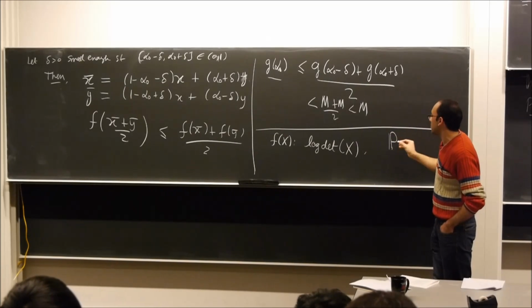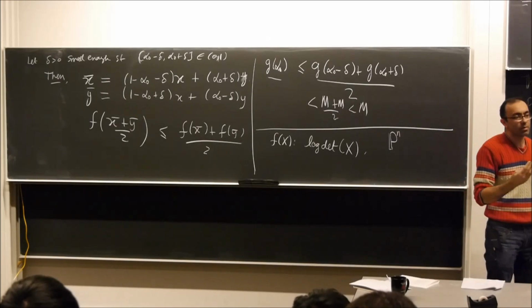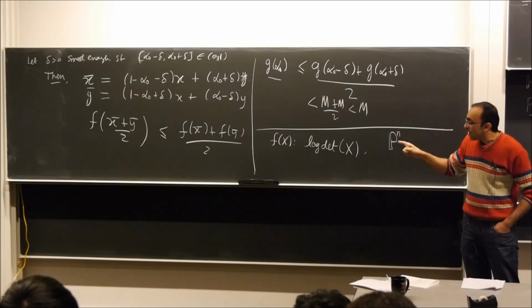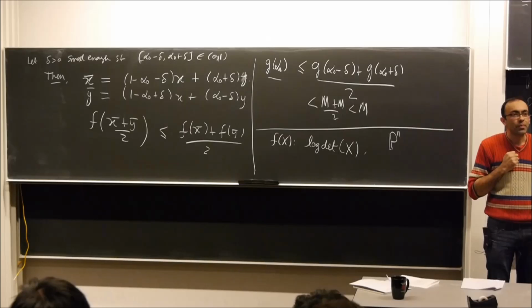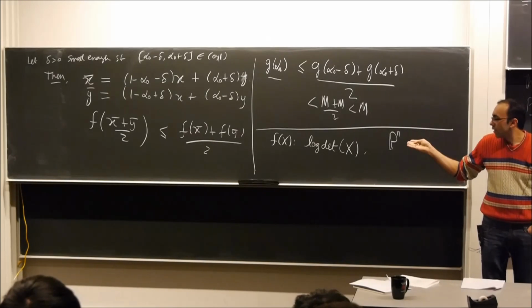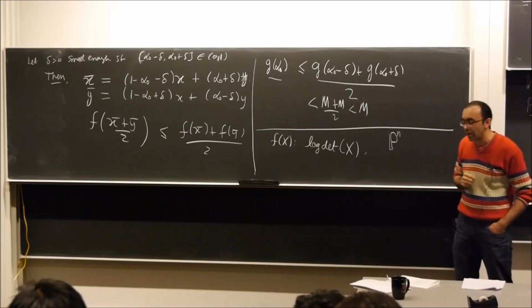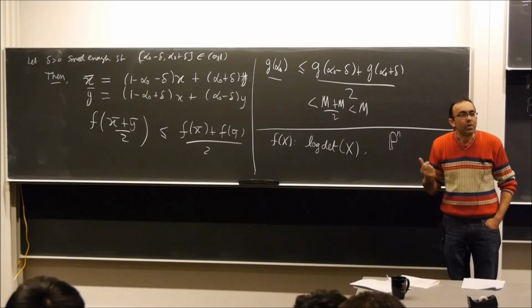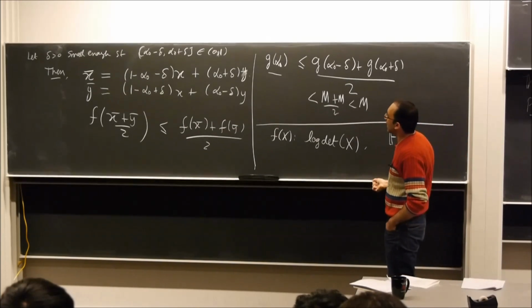This set P of n by n real symmetric positive definite matrices, or Hermitian matrices, doesn't matter. Of course there are several different proofs that this function is concave, because minus log det of x is convex. So this is the concave function. I'm just going to show you a proof to introduce some matrix notation in there.